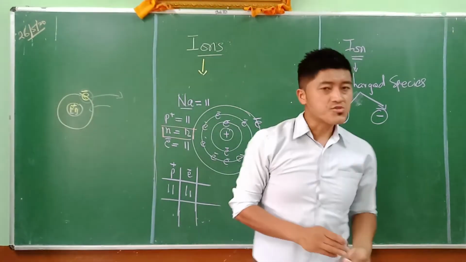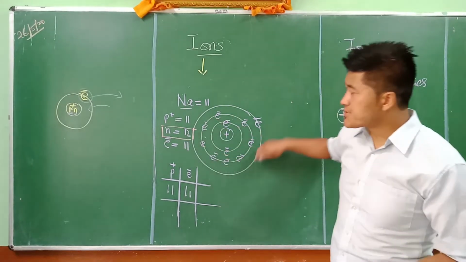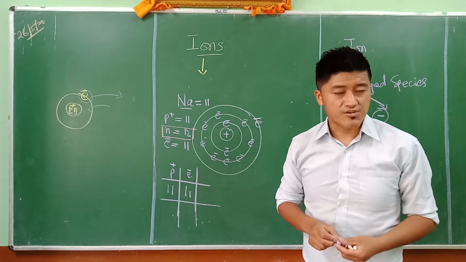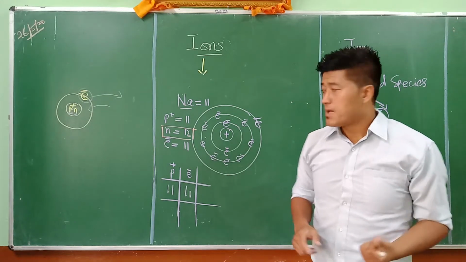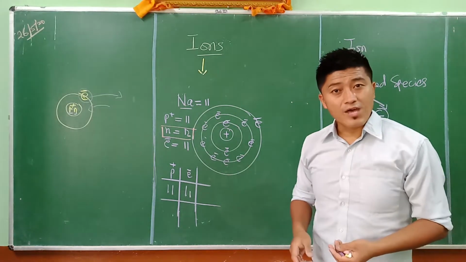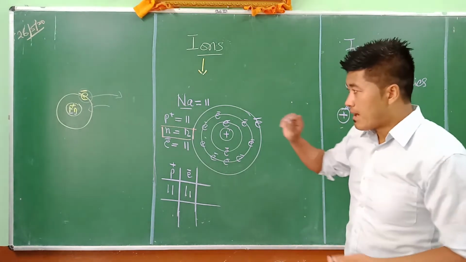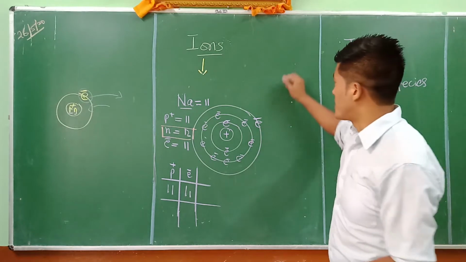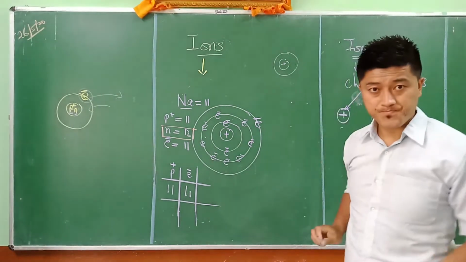Now what we need to do is use a concept called electronic configuration, which you are going to study in the next chapter, the structure of atom. But it is important for you to have a little information about it. So what is electronic configuration? The first thing is, this is what we call a shell.